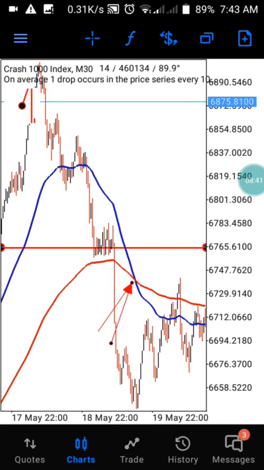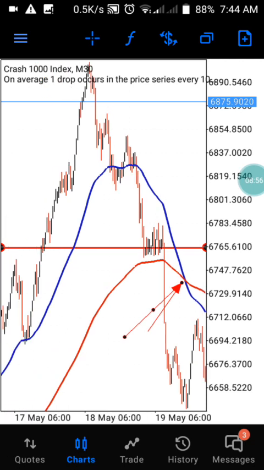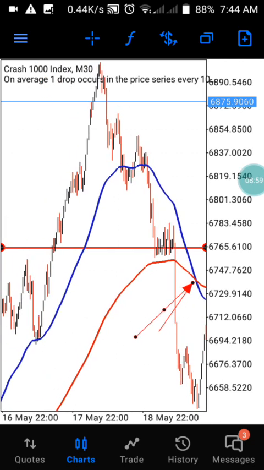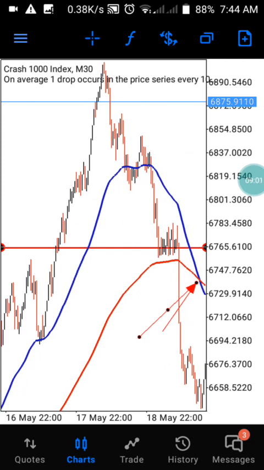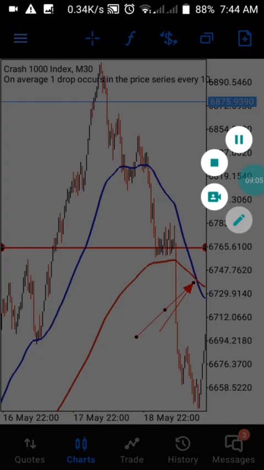So let's check for another crossing area. We see another crossing area here, and this one was giving us a crossing area of downtrend. You see, I told you guys that anytime we have our blue line on a downtrend, it's giving us a downtrend. So what you are going to do is move it closer to the price, and the next thing you do is to check the average.